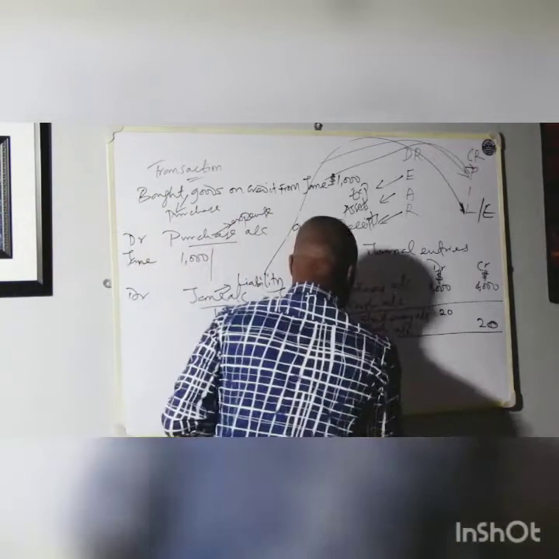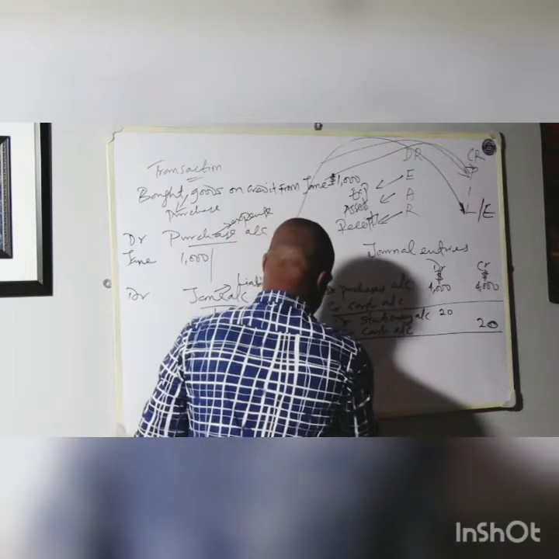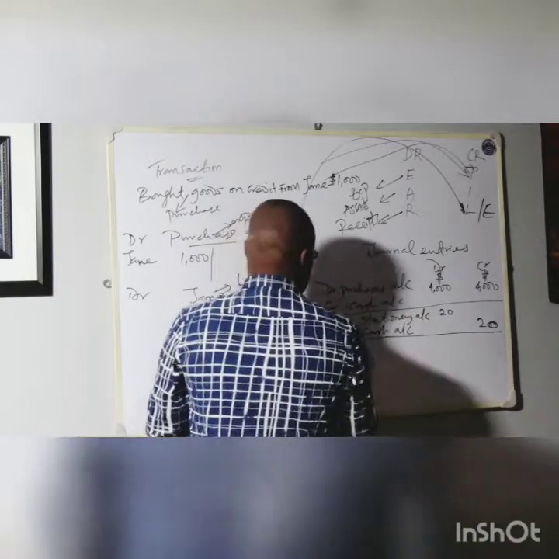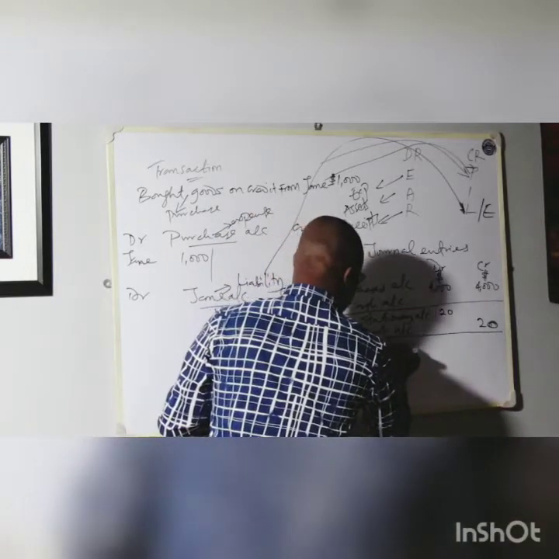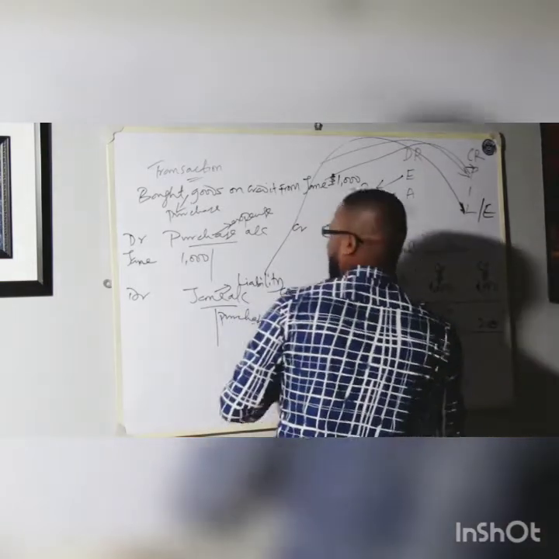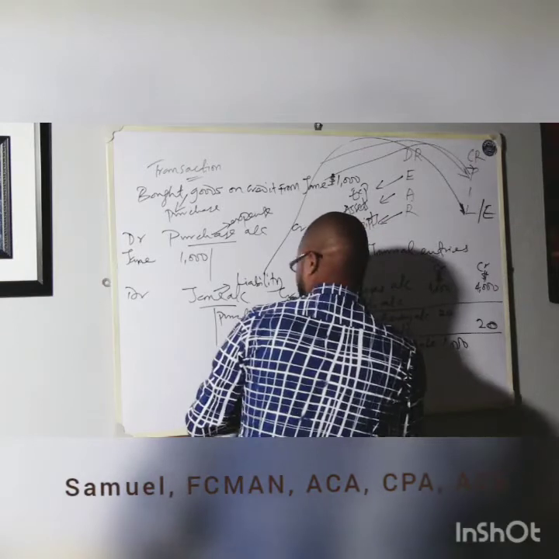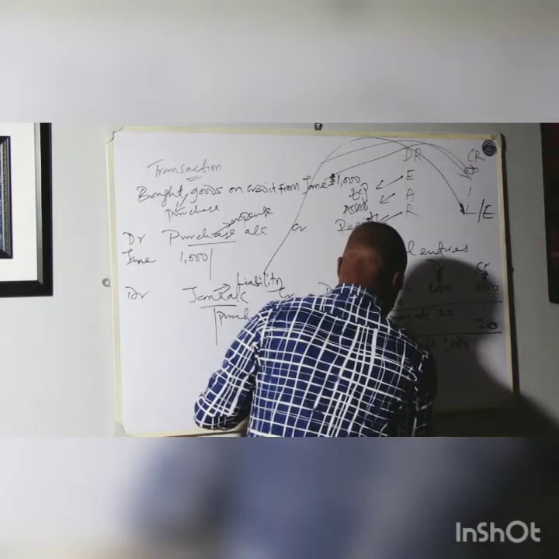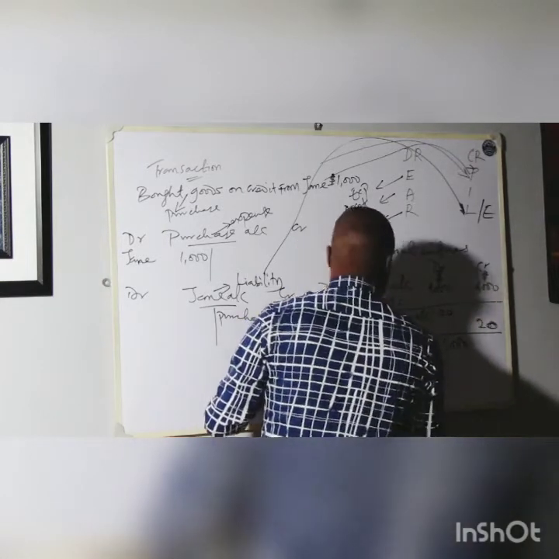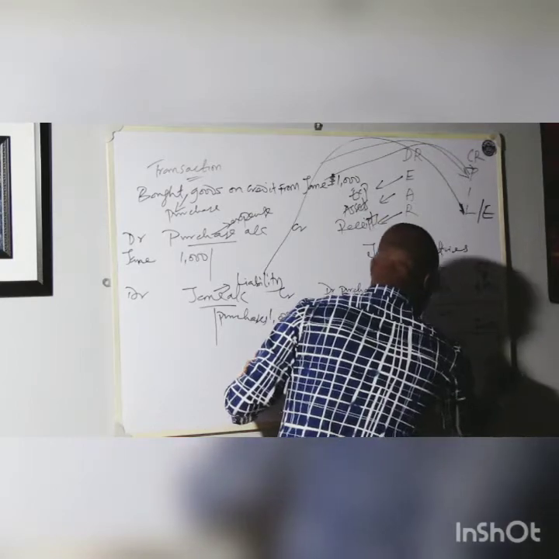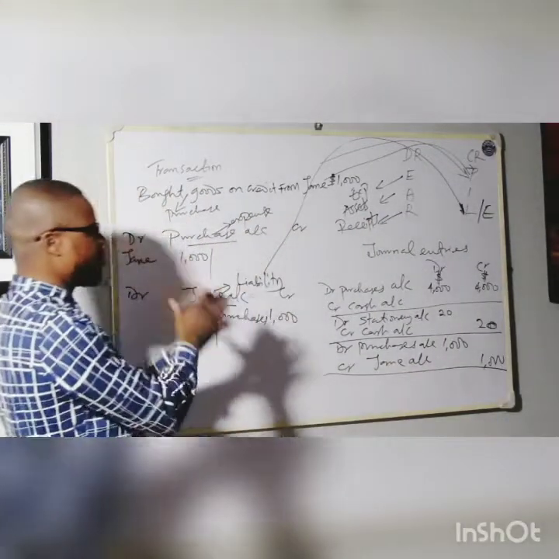Okay. So I proceed to my journal entries and say, I've got the purchase account to be debited. So you say debit purchases account with $1,000, and you credit Jane's account with how much? With $1,000. That is what you put in your journal entries.